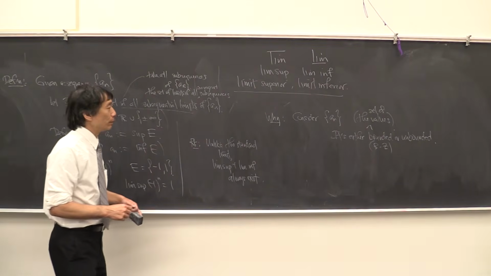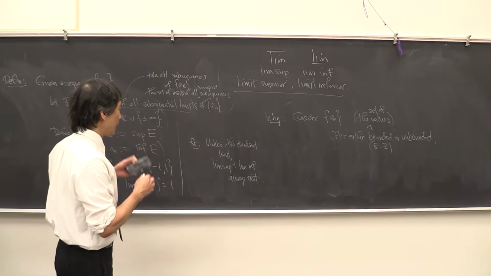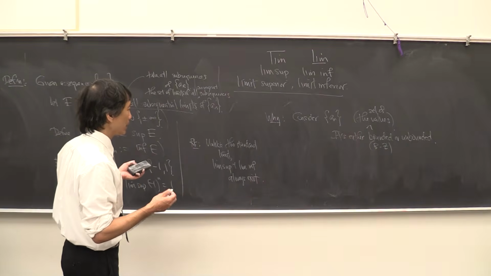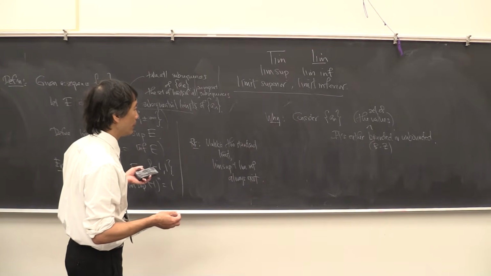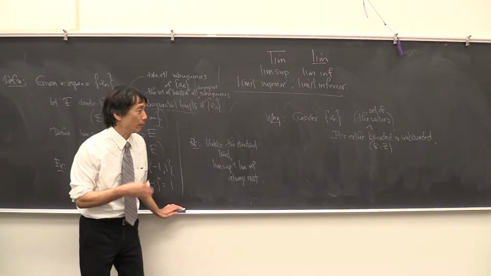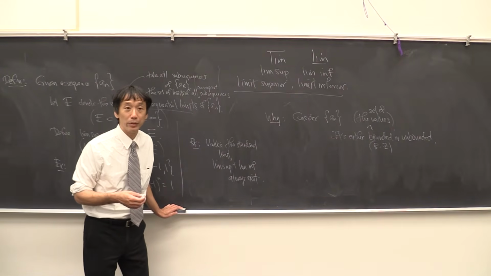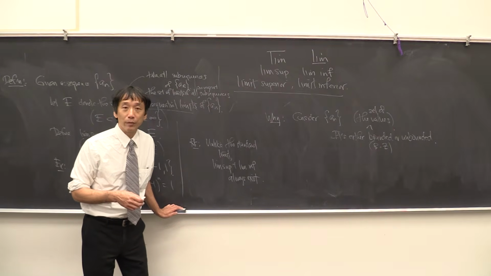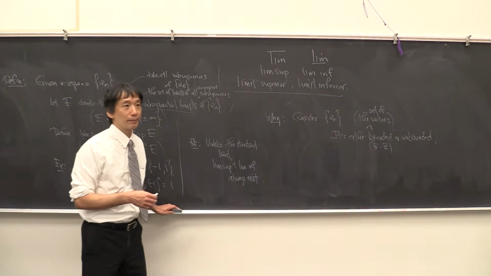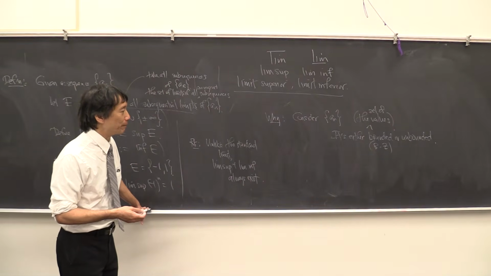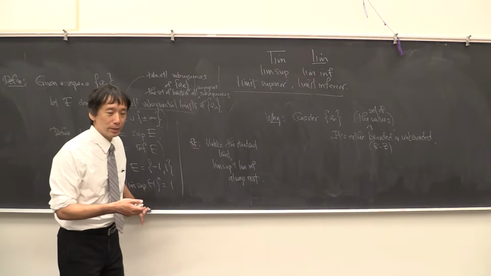Okay, so we have something that's kind of like the limit, but always exists. Where it's going to come in really useful is when we start talking about convergence tests for series.